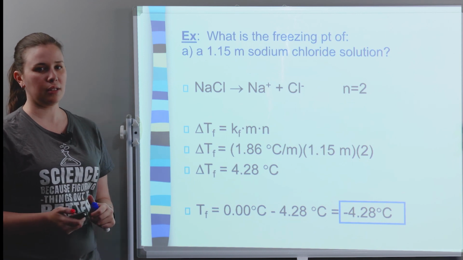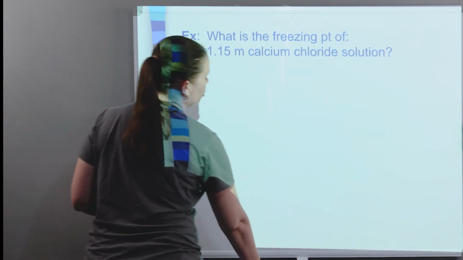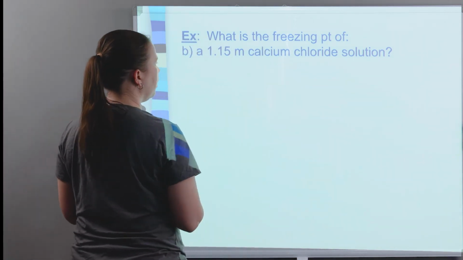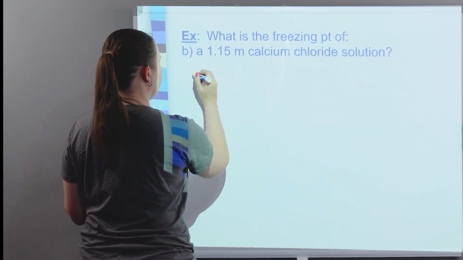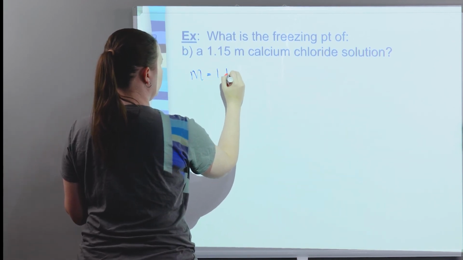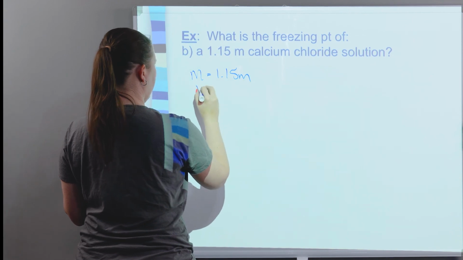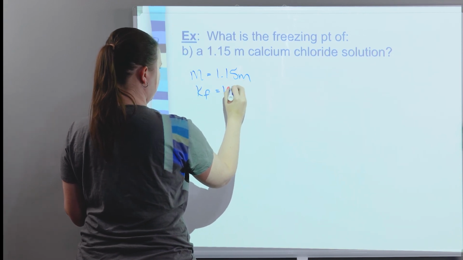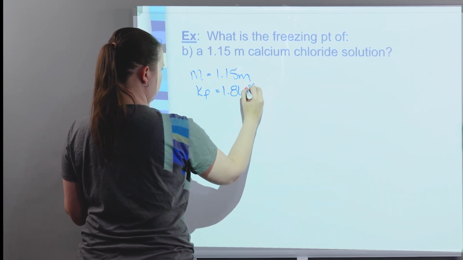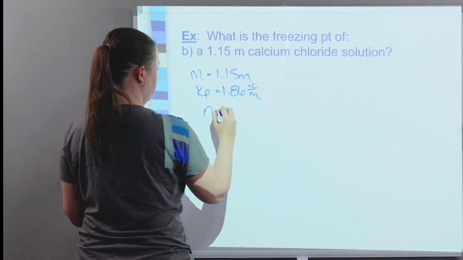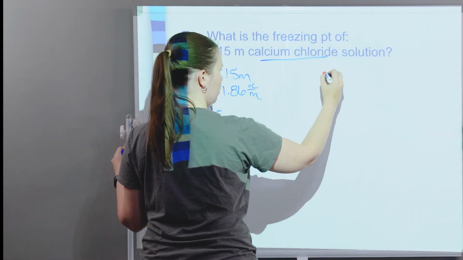All right, let's look at a slightly different question. The only thing I'm going to change here is the substance itself, calcium chloride. So I still have the molality of 1.15 and the Kf of 1.86. But now I need to find the N for calcium chloride.